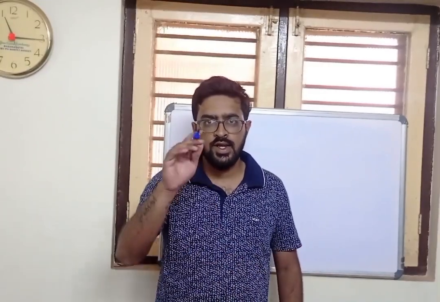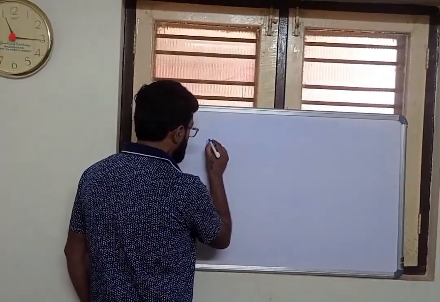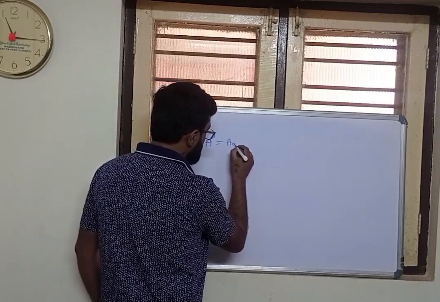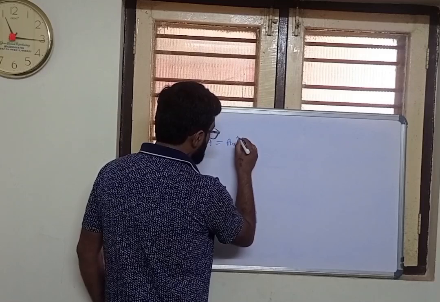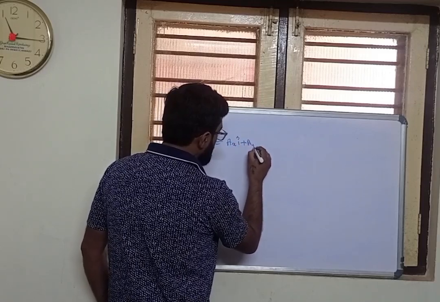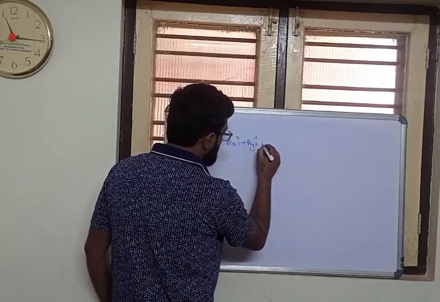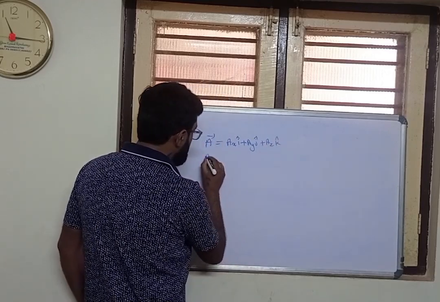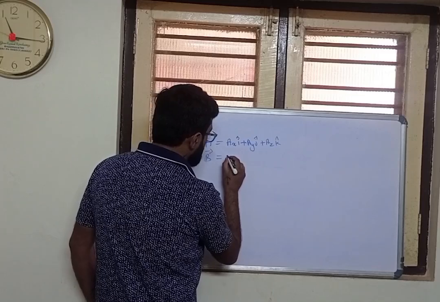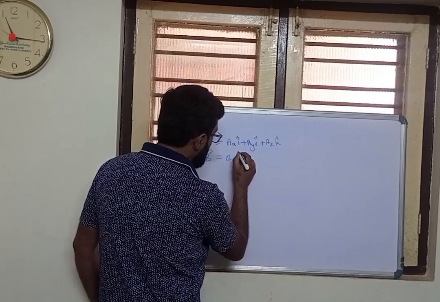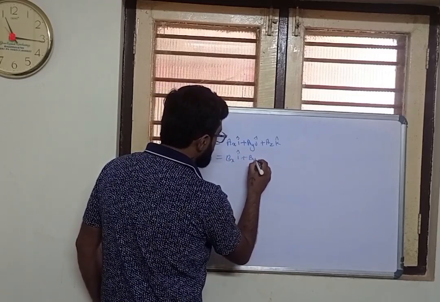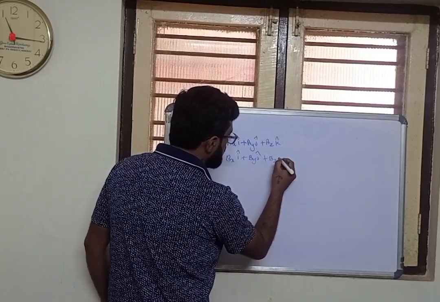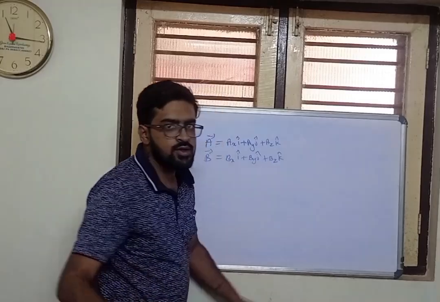Let us consider vector A equal to ax into i, ay into j, az into k. Another vector, vector B, bx i, by j, bz k. These are the two vectors.